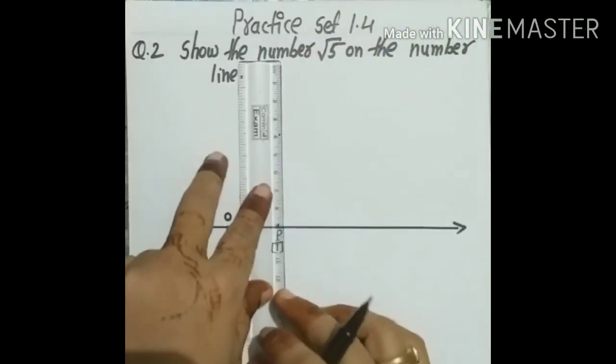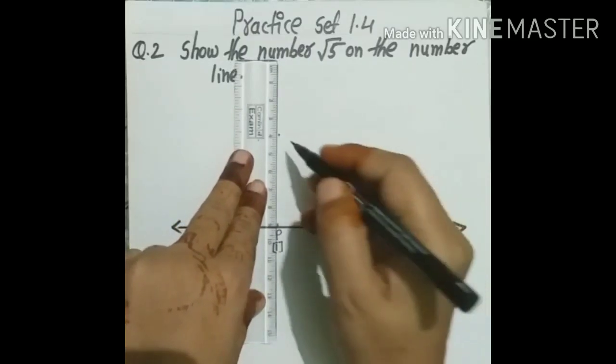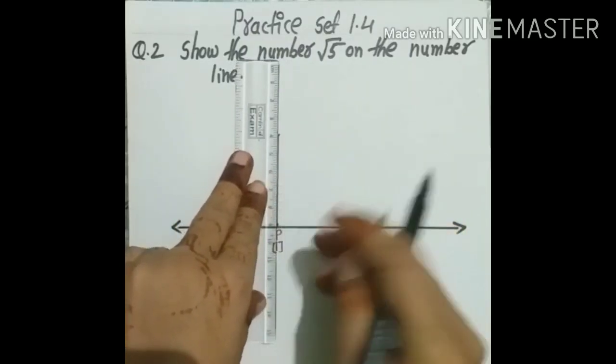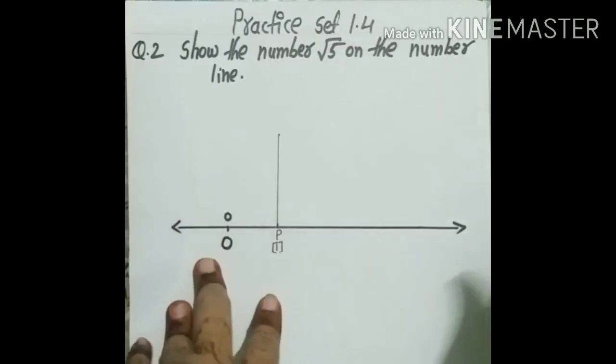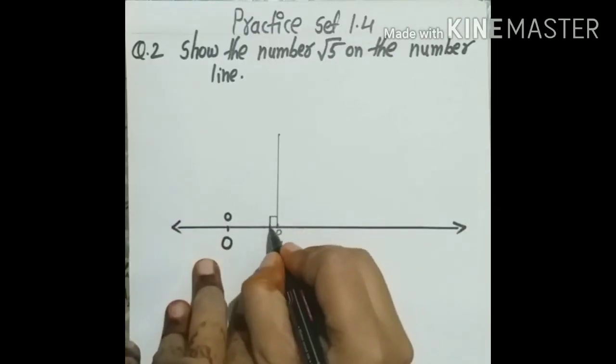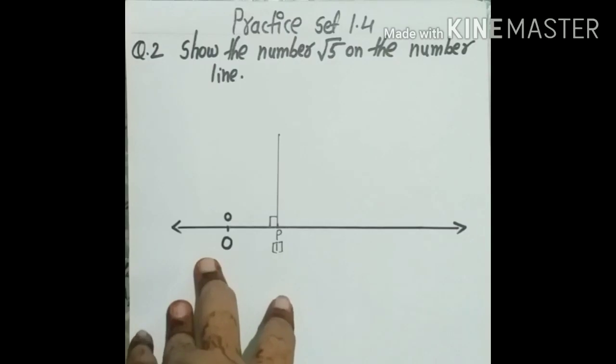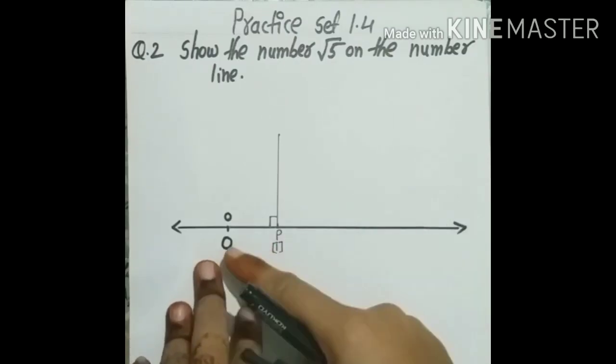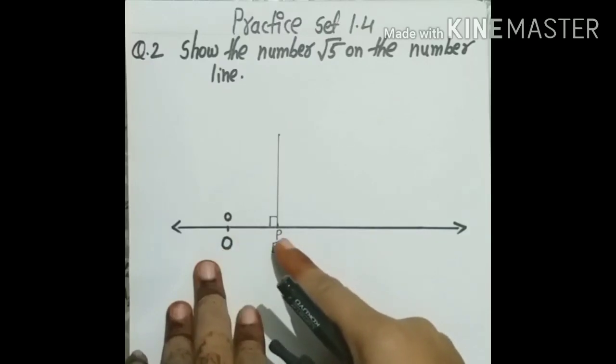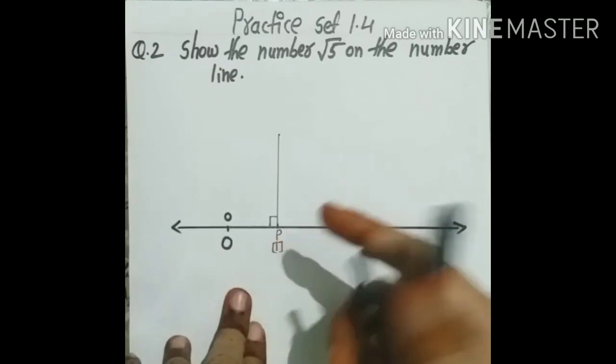Now, draw the line joining to this P. Put the perpendicular symbol, the right angle symbol. Now take your compass, children. This 0 to P is 1 unit. 1 unit equals 3 centimeter.